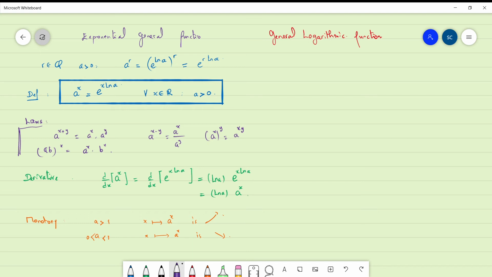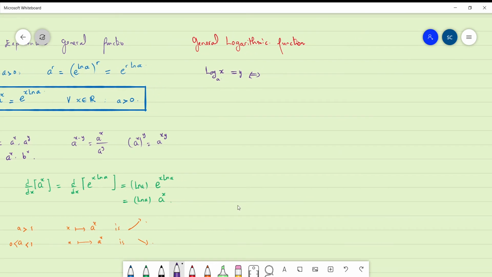Depending on a greater than 1 or a between 0 and 1, we define the new function: logarithm base a of x equal y is equivalent to a^y equal x. This is how it is defined.